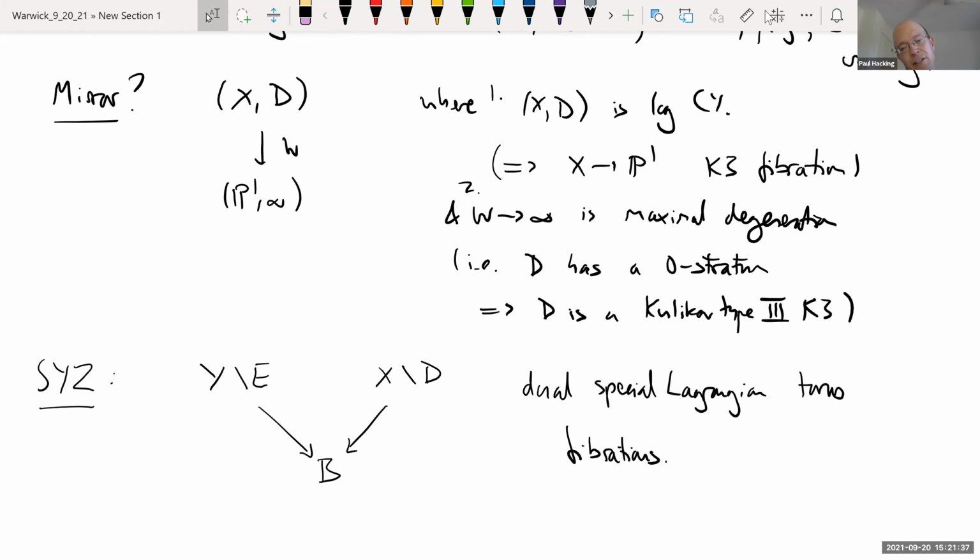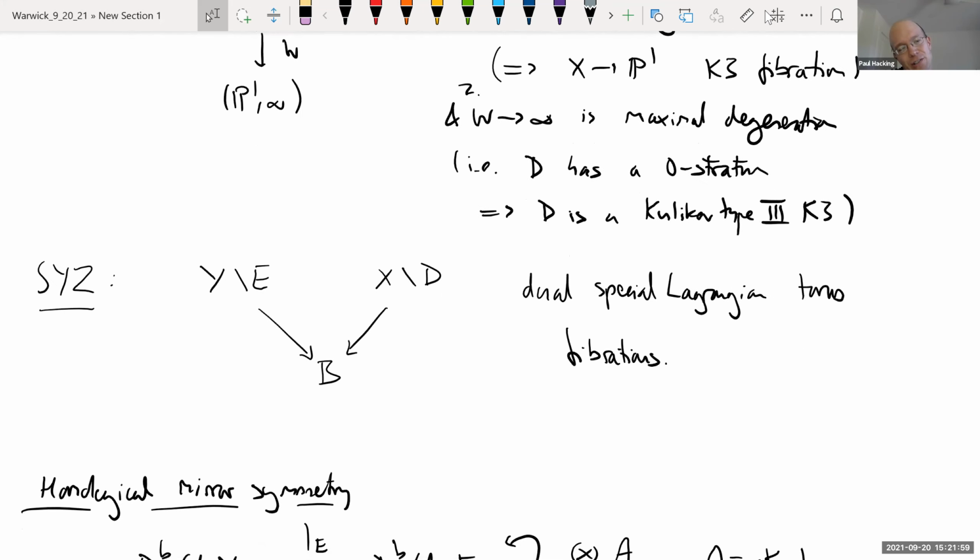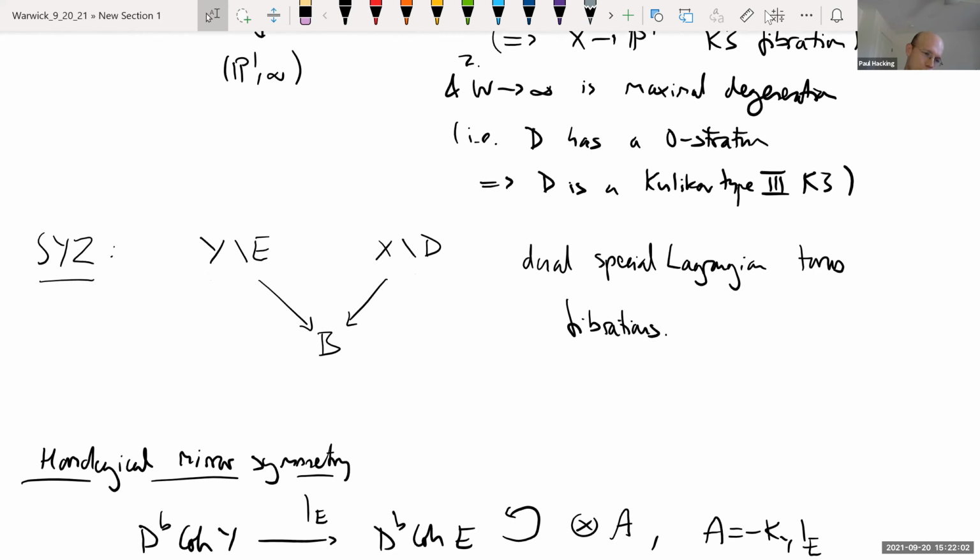So those interiors have the dual special Lagrangian torus fibrations, as usual in mirror symmetry for Calabi-Yau threefolds, or at least as conjectured by Strominger, Yau and Zaslow. And maybe I should also say that in this picture, what happens as you go to the boundary divisor is completely analogous to the picture where you have the moment map for a toric variety, where the fibers over the interior are half-dimensional tori, and then they collapse to tori of dimension one lower at the boundary, and so you get an induced Lagrangian torus fibration on the boundary divisor.